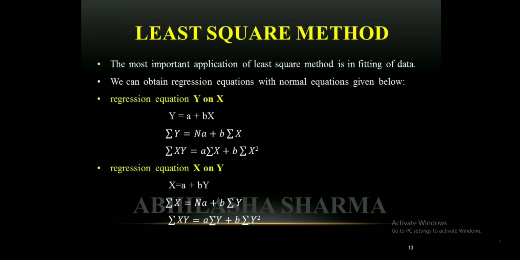Regression equation y on x: y equals a plus bx; sigma y equals na plus b sigma x; sigma xy equals a sigma x plus b sigma x square. Similarly, we can find the regression equation x on y with the help of following equations.